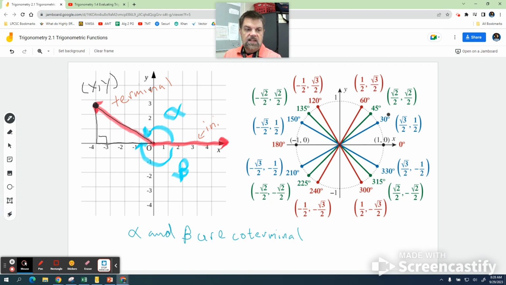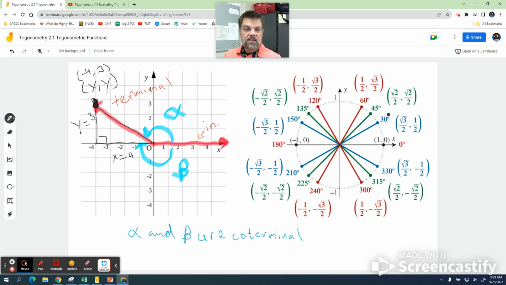Now, the interesting thing is that the distance from here to here is equal to my y value, and the distance from here to here is equal to my x value. In other words, my x value for this one is -4. My y value is 3. So this is like -4, 3.